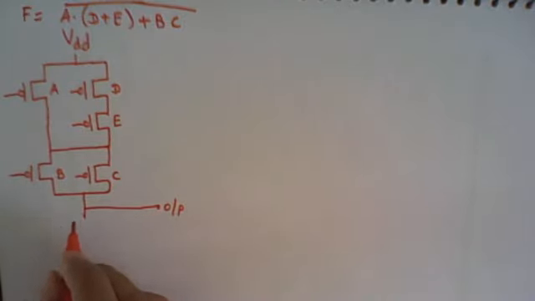Okay. And in the NMOS network there are two parallel paths. In one path, MOSFET A is connected in parallel with MOSFETs D and E. And in another path, MOSFET B and MOSFET C are in cascade.